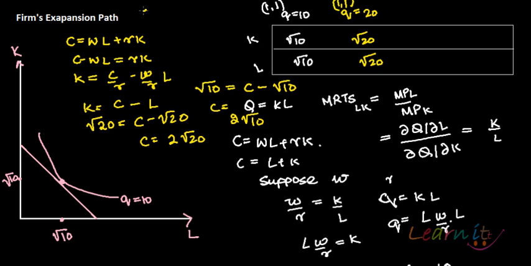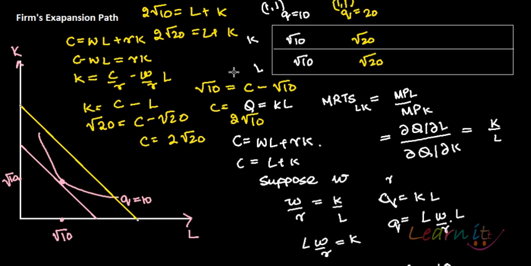So my isocost line was basically 2 root 10 equal to L plus K. Now in this case my isocost line is 2 root 20 equal to L plus K. Now this line will shift parallelly to this point, and corresponding to this line I have an input choice, which is Q equal to 20.